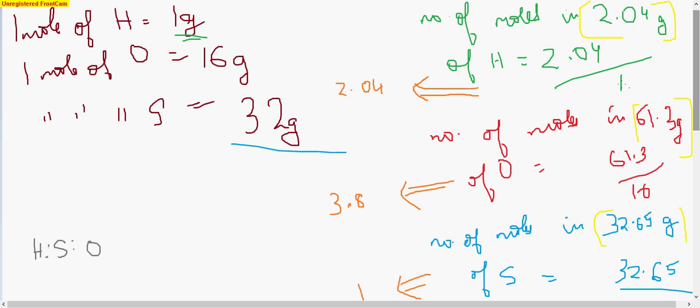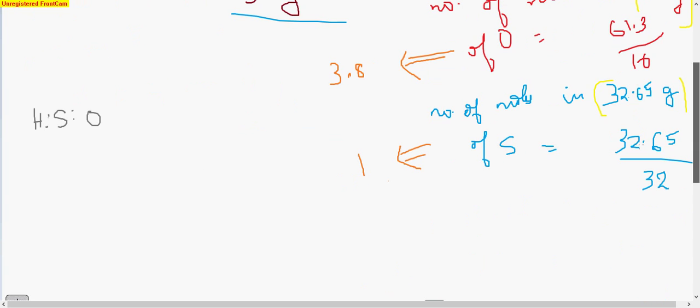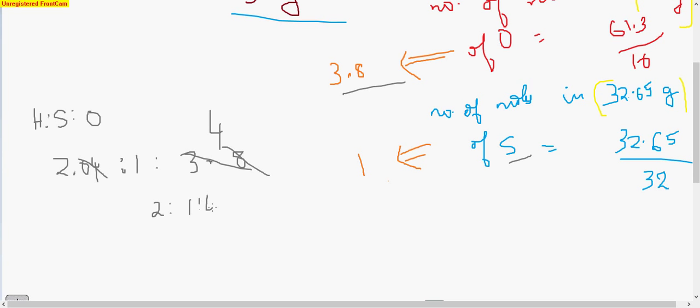H is 2.04, is to S, 1, is to O, 3.8, right? Now we can approximate this 2.04 as 2, and this 3.8 we can approximate as 4. Therefore it's almost 2 is to 1 is to 4, right?